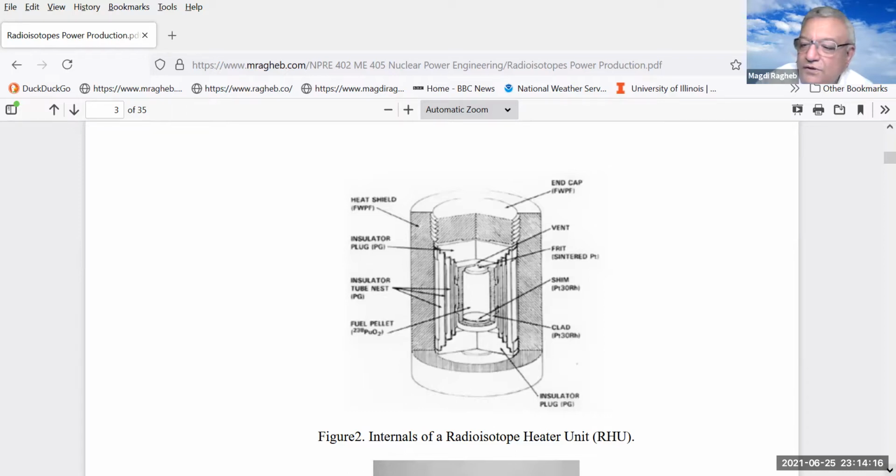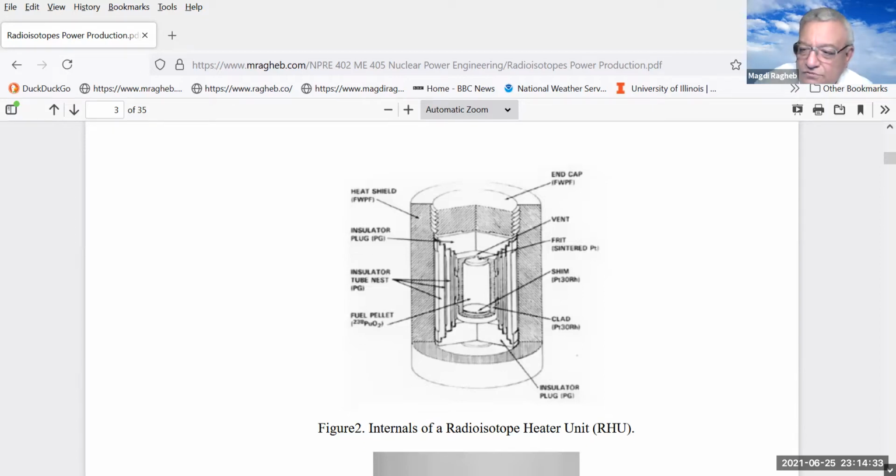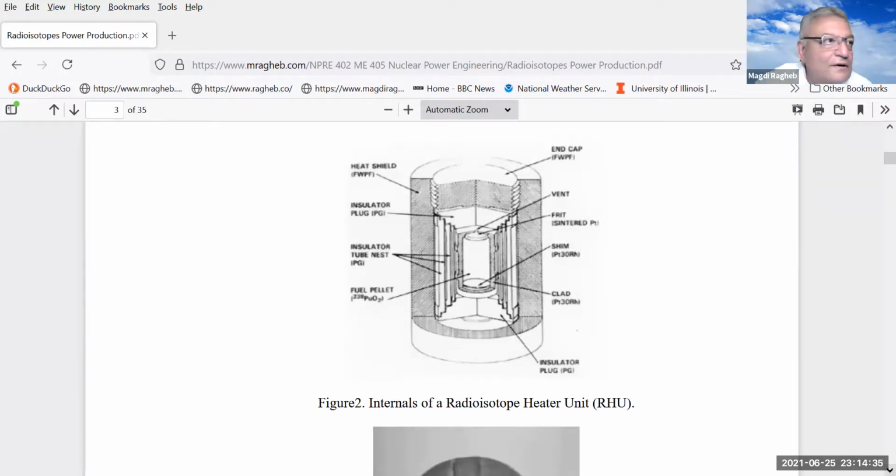Plutonium at room temperature, remember, this is the isotope plutonium-238, not the plutonium-239 that is used in weapons or in nuclear reactors. This is produced by a special process that I'll show you. That is the isotope 238.